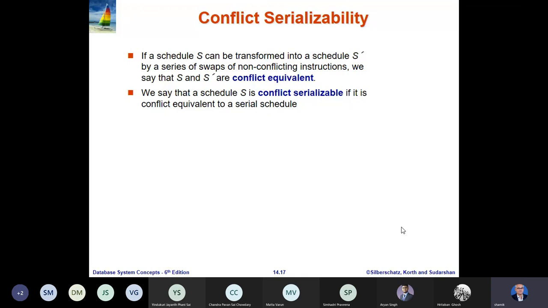It is not necessary that two serial schedules made up of the same set of transactions will be conflict equivalent to each other. That did not happen, as we have seen before. Depending on which one comes first, we can have different final states of the database. So they are not conflict equivalent, but each of them trivially is conflict serializable because they are serial schedules in the first place.